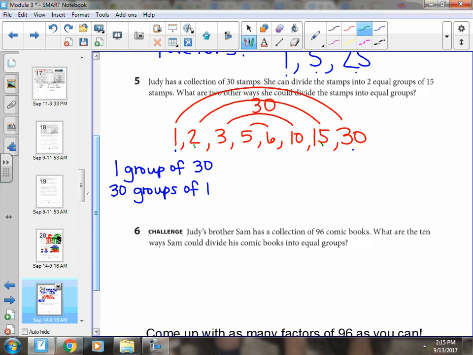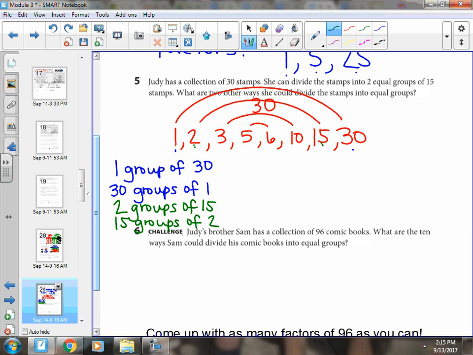I'll just write them both down. 2 groups of 15 or 15 groups of 2. Okay.